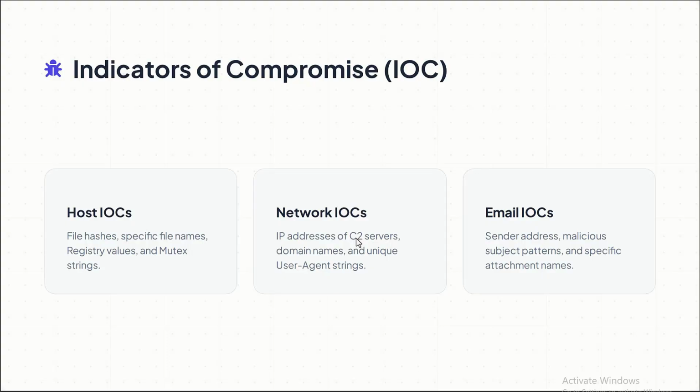And indicators of compromise. Well, what's an indicator of compromise in simple terms? Simply, we have indicators of attack, IOAs, and we have indicators of compromise, IOCs. An indicator of attack means someone is trying to log in to your network through a brute force attack.